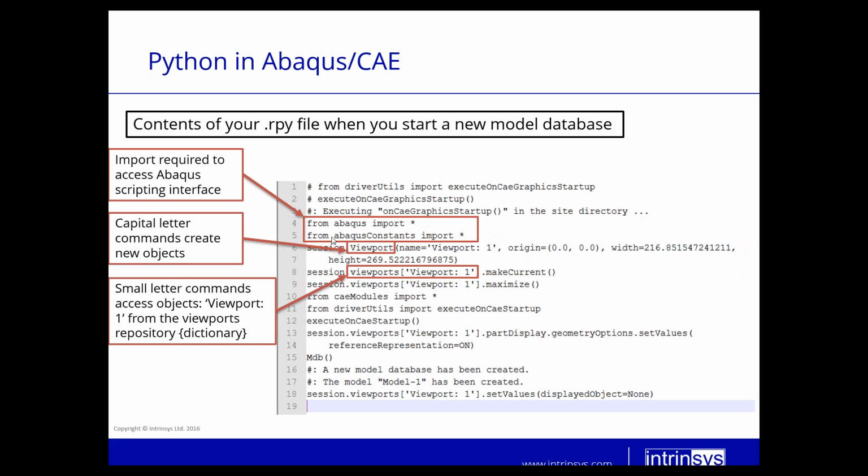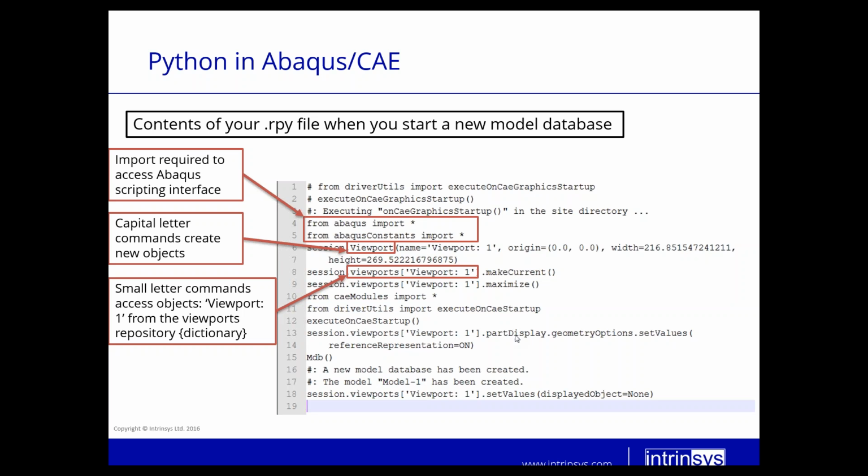commands from Abaqus and from the Abaqus constants library. Then we would create a new viewport. So this is what we see in the CAE. Then we would make this viewport current. We would maximize it. Then we would import all our modules. We'd import utilities for drivers.